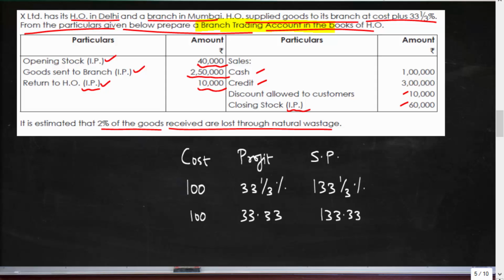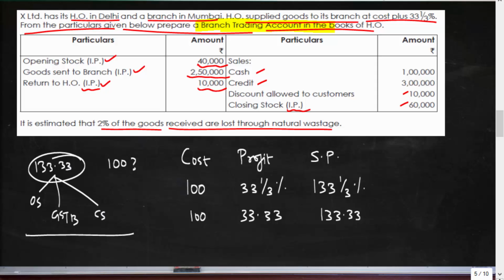Whatever you have is at the 133.33 level. If you want to know the exact cost, you should know the 100 equivalent. All your opening stock, goods sent to branch, and closing stock are at 133.33. It means you have to divide these items by 133.33, then multiply by 100 to know the exact cost.